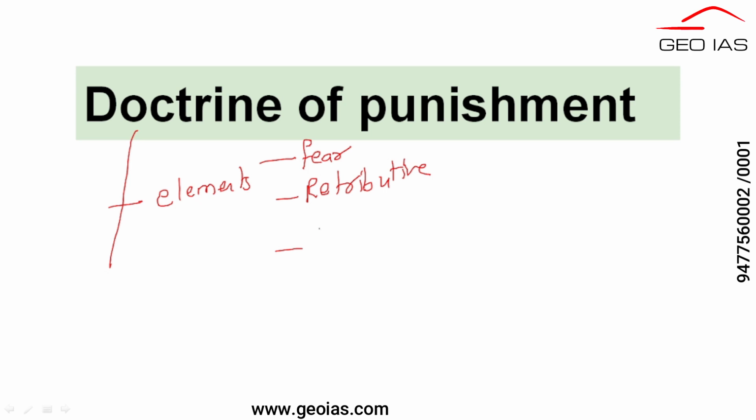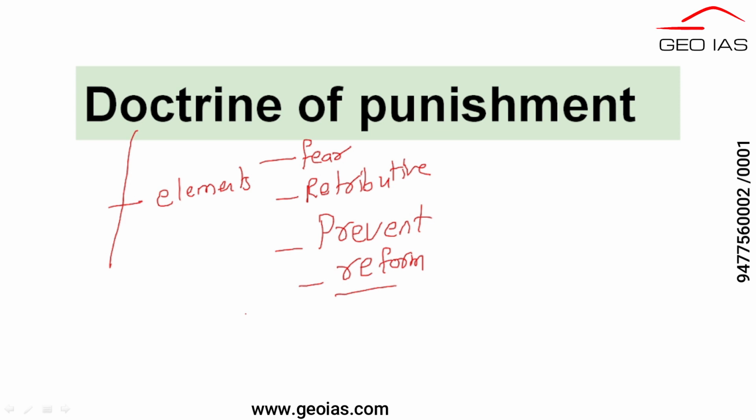Three, it should have prevention, or preventive measures, that is, the person who did the mistake should not repeat it. And at last, it should have the element of reform, that is, you need to reform the person by the punishment. So these are the four important elements in the doctrine of punishment, and you can see clearly that as per Justice Markandey Katju's observation, the doctrine of punishment includes these four factors, and he doesn't involve capital punishment too.